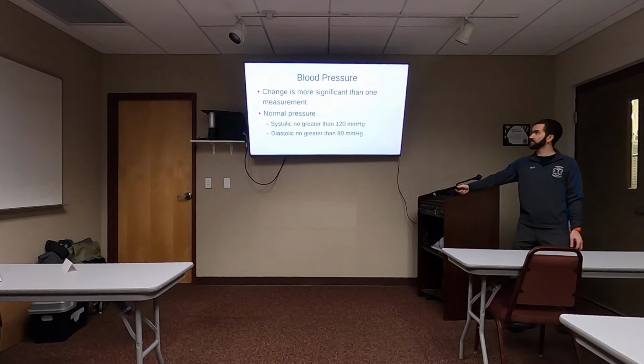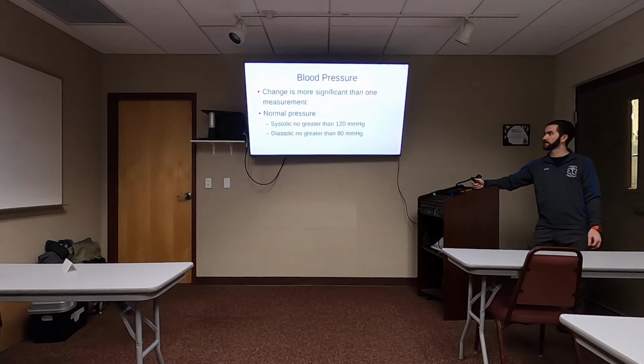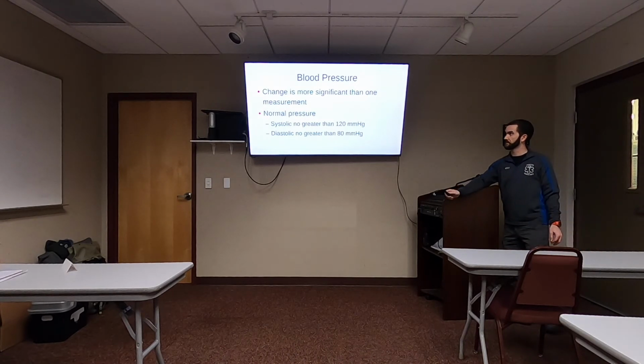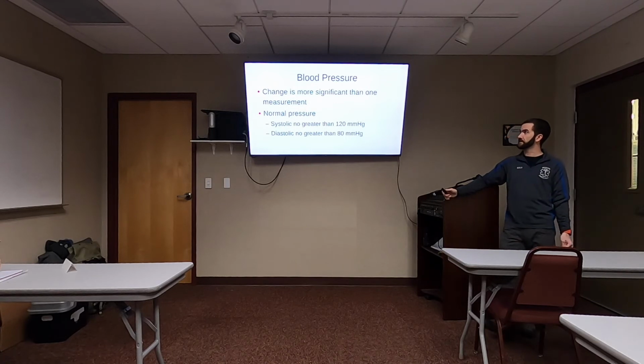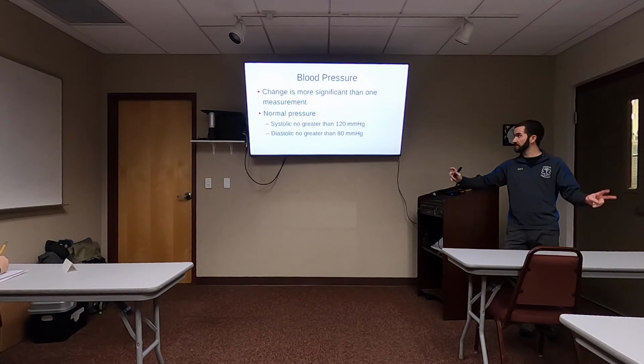Okay, then blood pressure. This is a fairly telling vital sign, an important one. Changes in blood pressure are generally more significant than any one particular measurement. So we say a normal blood pressure is 120/80, but everybody's going to be a little different.